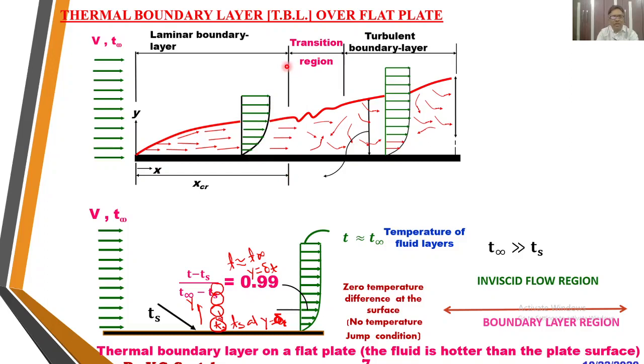The thermal boundary layer will be in the laminar region if the Reynolds number value is up to 5 into 10 to power 5. It will be in the transition region if the value of Reynolds number is from 5 into 10 to power 5 to 10 to power 6, and it will be in the turbulent region if the Reynolds number value is more than 10 to power 6, and this hypothetical curve is called the thermal boundary layer.